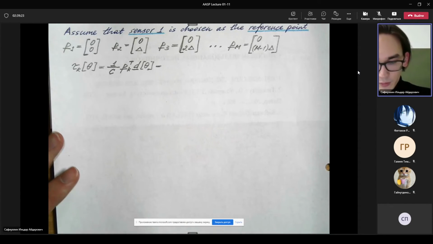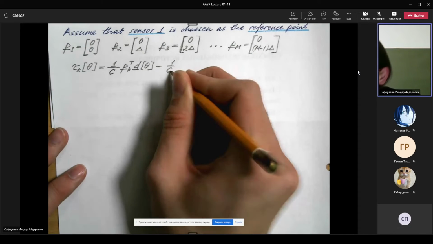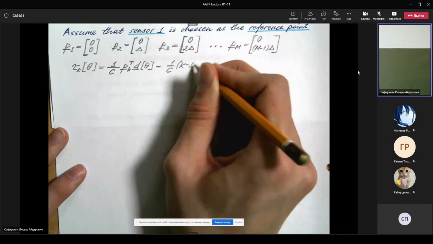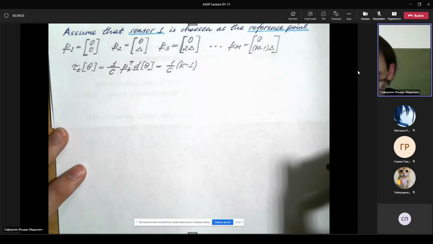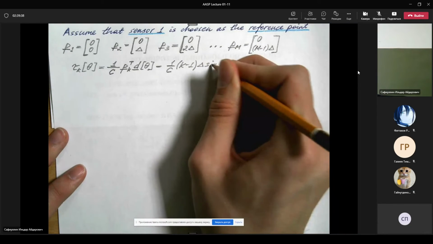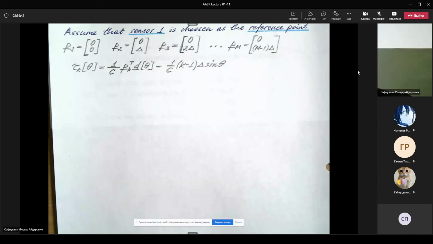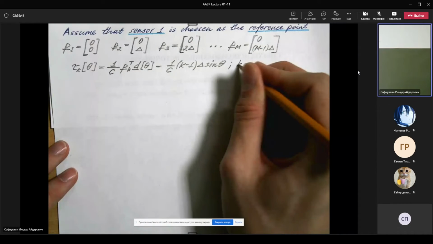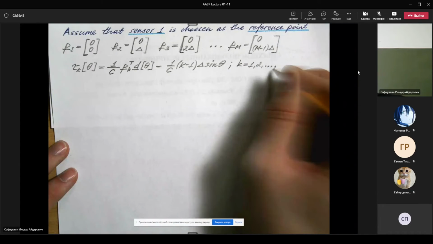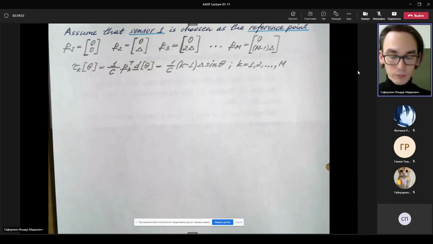Or we can rewrite all of this in the following way: 1 divided by c times k minus 1 times delta times sine of theta, where k goes from 1 to 2 up to the number of sensors, capital M.